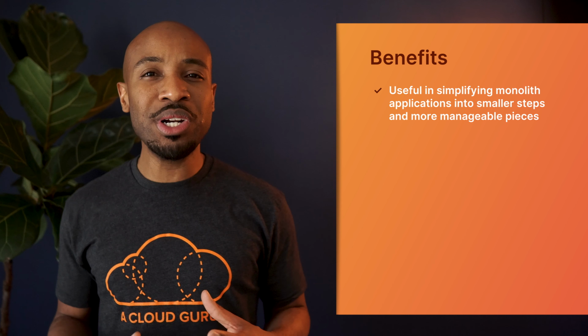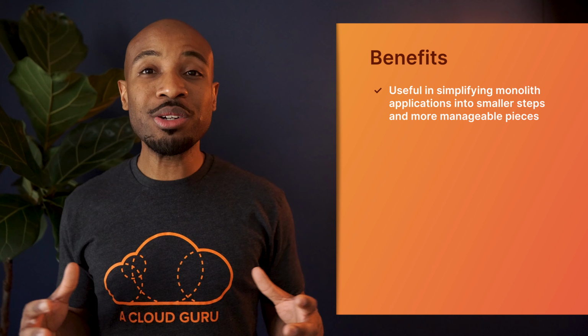If you're currently supporting a monolith application which is difficult to support and upgrade, using a service like Step Functions would be great in reducing complexity through simplifying your architecture into smaller microservices and creating a visual workflow to monitor the smaller steps of the process as they are occurring.